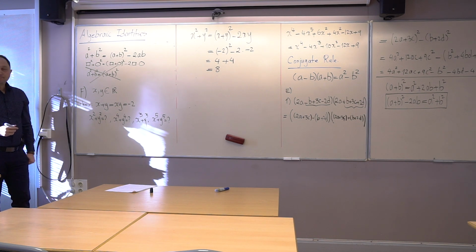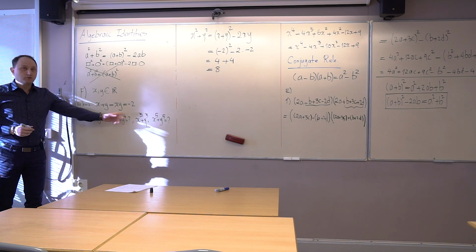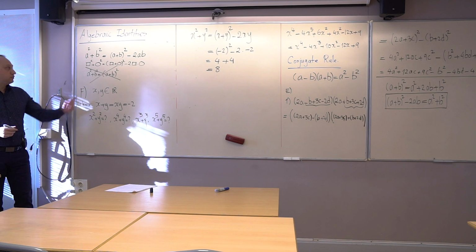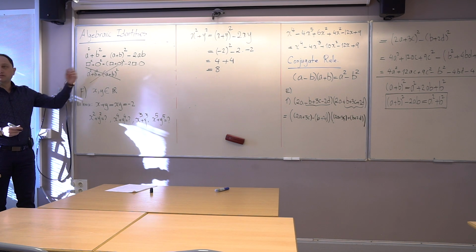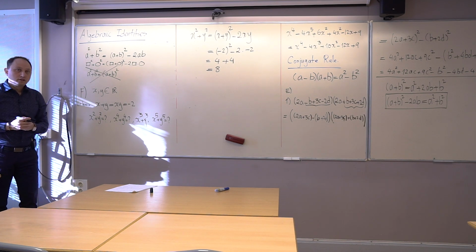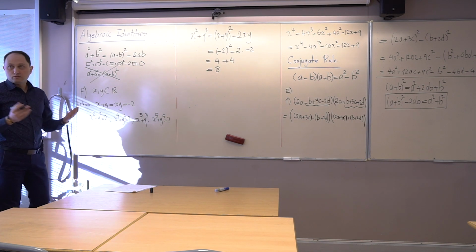Is that clear? But I want to now calculate x to the 4 plus y to the 4. Now, what is a good choice for the box and the circle? Yes? We choose the box to be x squared and the circle to be y squared. Yes, so that's a good choice.